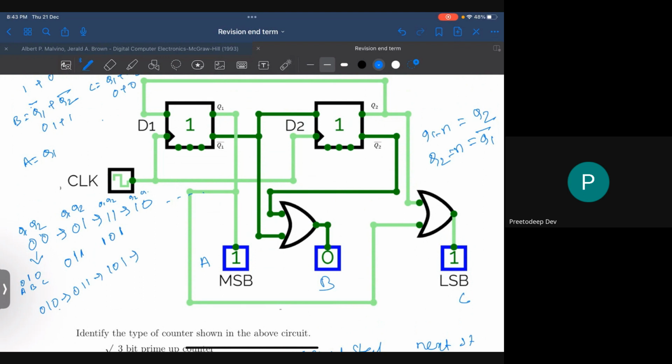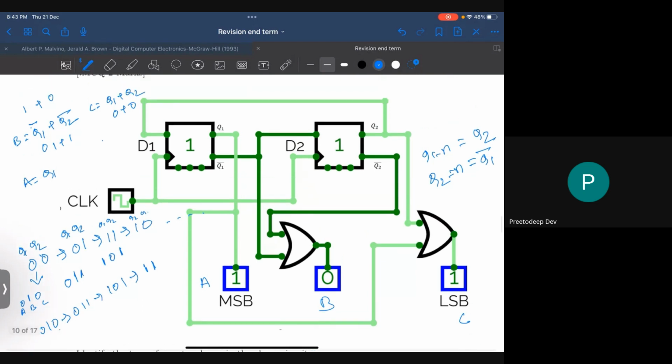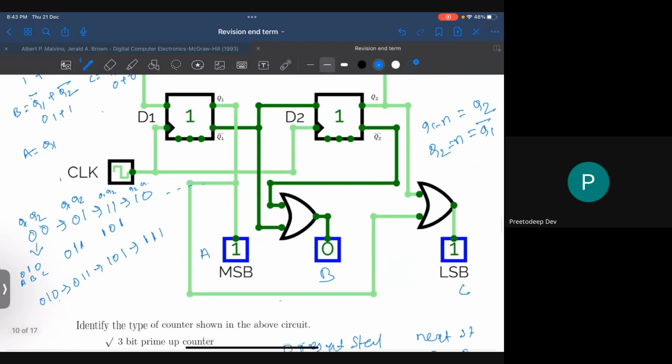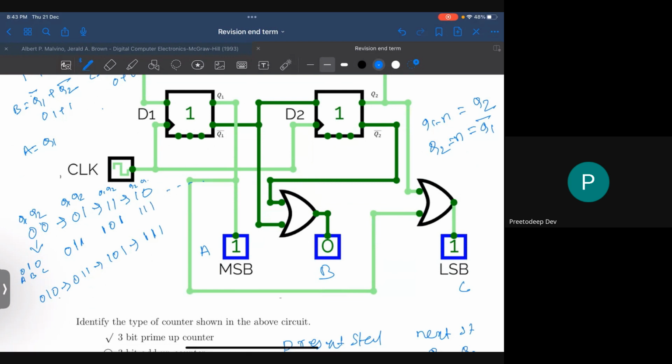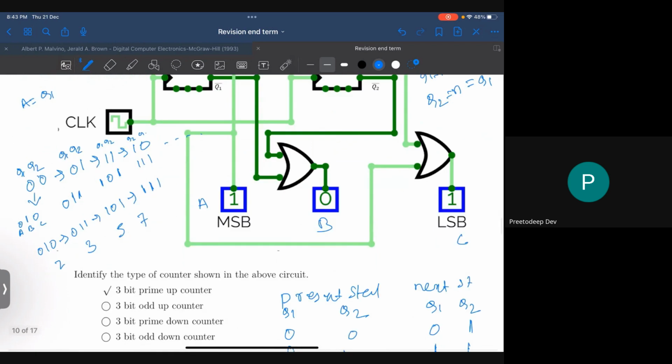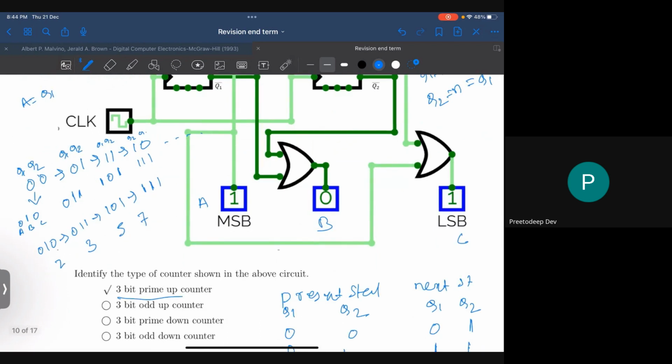And when it's 1 0, a equal to 1, and b equal to q1 bar plus q2bar, so 1 bar is 0 plus 1, it will be 1. What is the value of c? Q1 plus q2, so it will be 1. Right, it will be 1 1 1. So you can see that this is 2, this is 3, this is 5, this is 7. So you can see the 3-bit prime up counter.